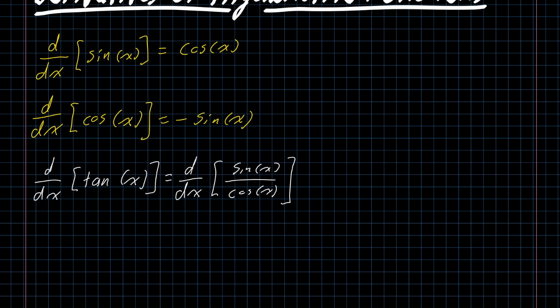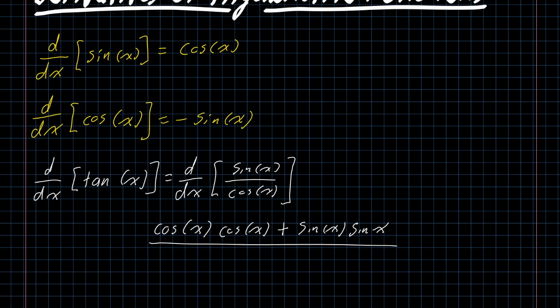The derivative of the numerator, the derivative of sine is cosine, times the denominator, minus the numerator times the derivative of the denominator. The derivative of cosine is minus sine. That minus will turn the subtraction that's already there into plus, all over the denominator squared.